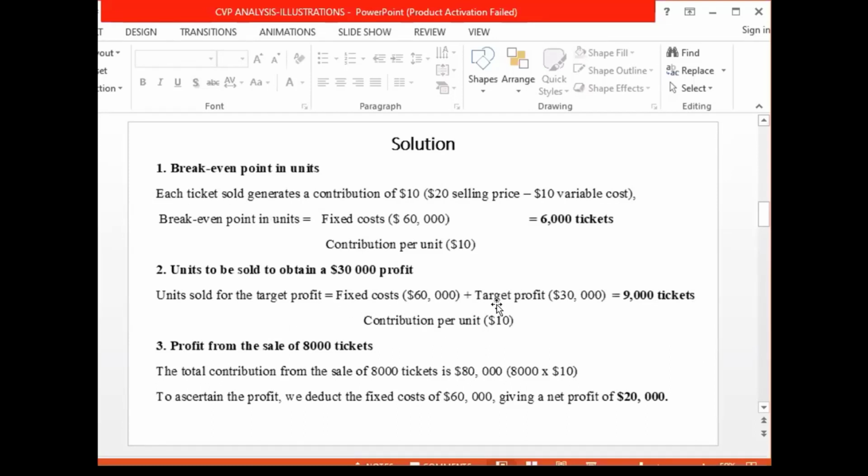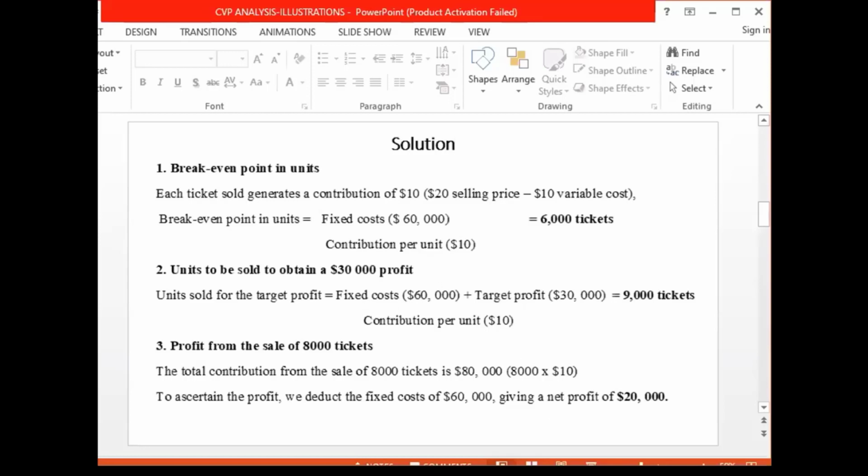We have the fixed cost plus target profit. So the fixed cost is 60,000. Our target profit is 30. So that will give us 90 divided by the contribution per unit.